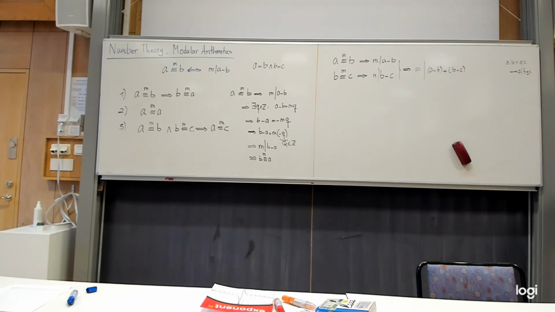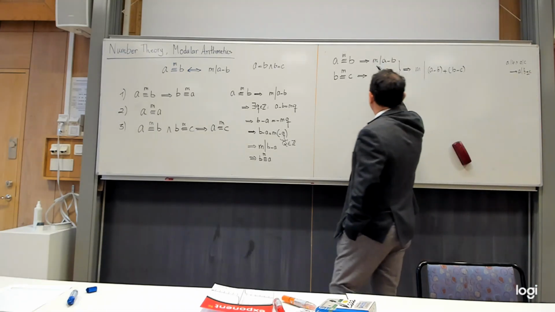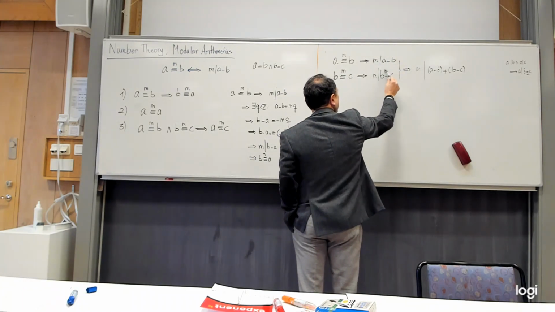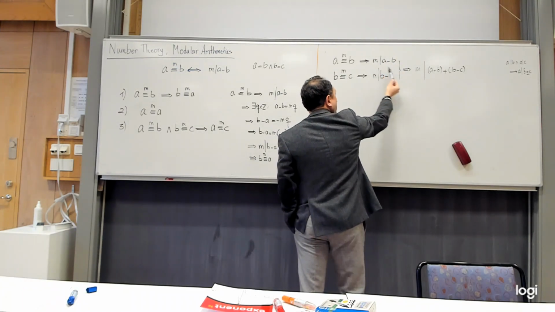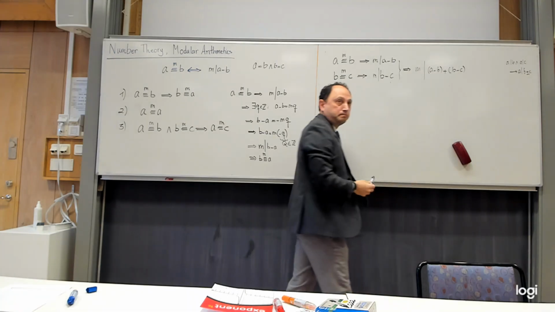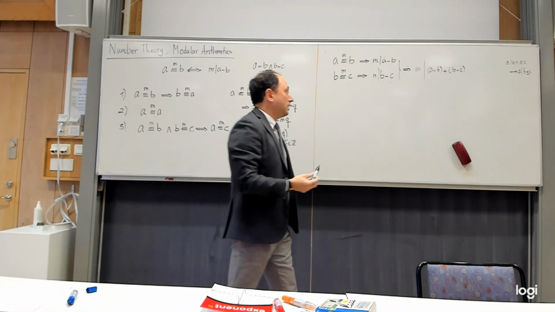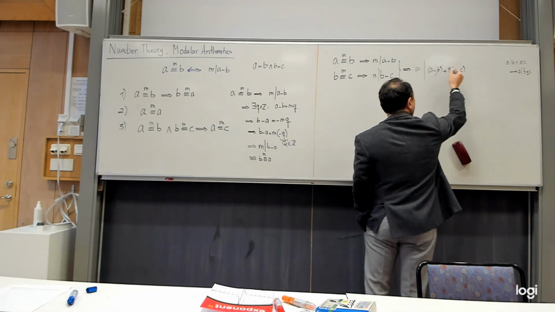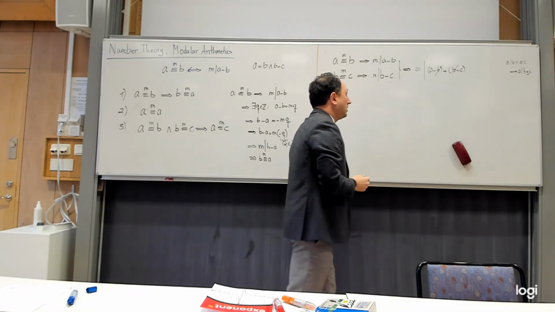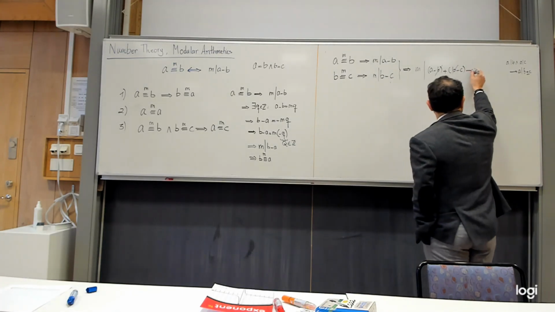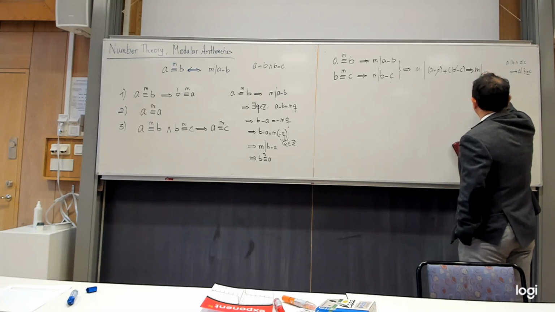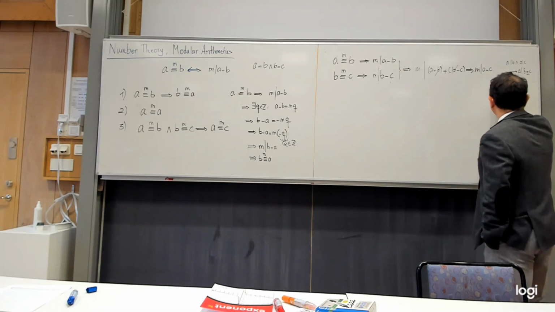So I am using that fact. One single number is dividing two numbers, so that number definitely divides the sum. If I calculate the sum, this minus B and that B are gone, then what is left for me is that M divides A minus C, yes?